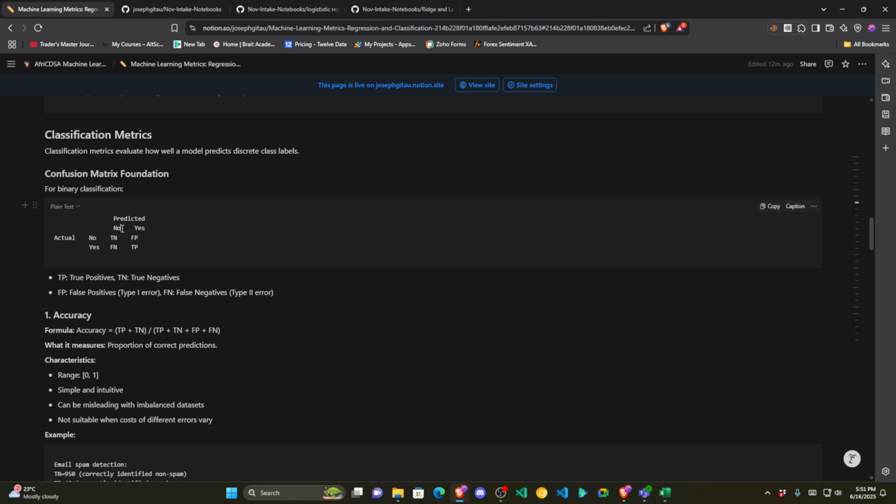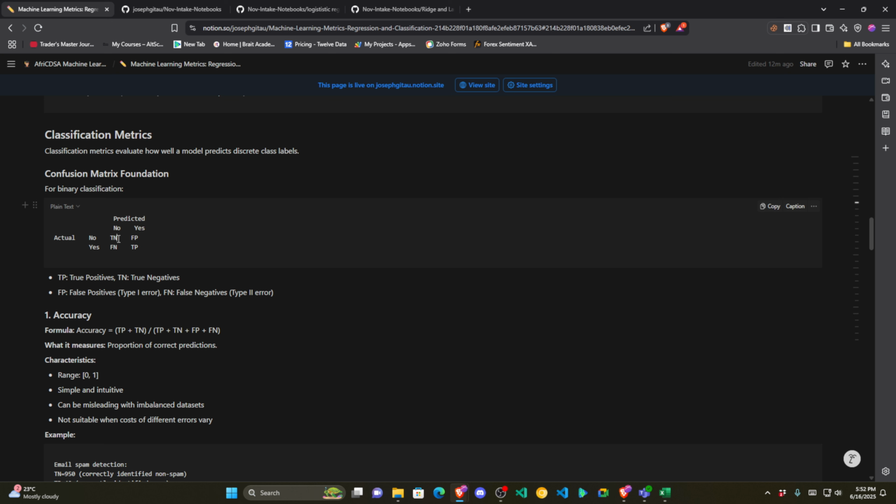So here we've got no and yes. We've got the actual values for no and yes. Here it means from our data, this person didn't qualify for the loan. Here it means they qualified. Then here it means from our prediction, they never qualified. Here it means from our predictions, they qualified.